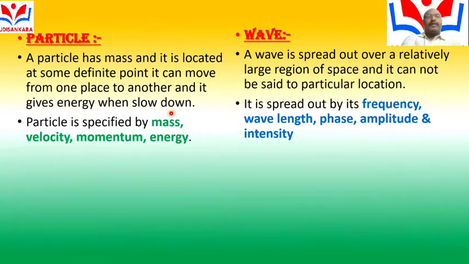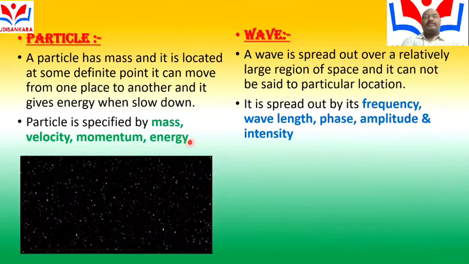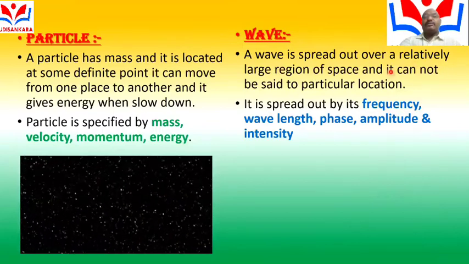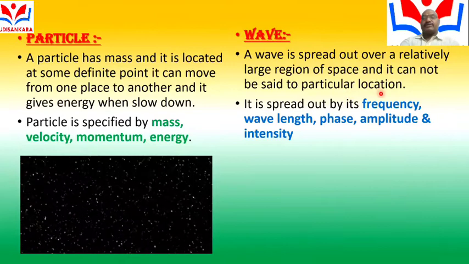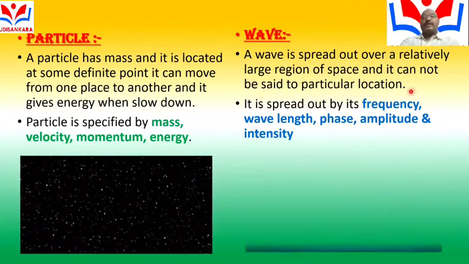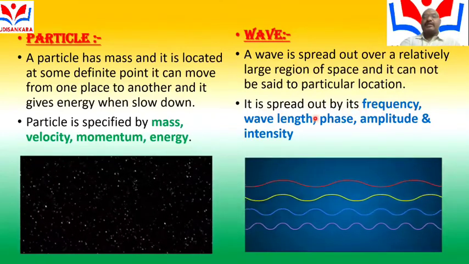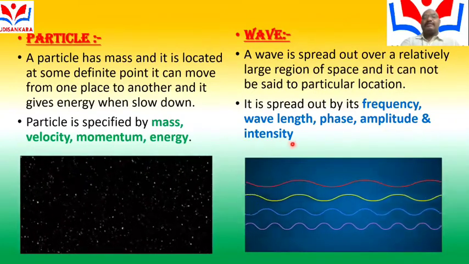A particle is specified by mass, velocity, momentum, and energy. But a wave is spread out over a relatively large region of space, and it cannot be said to have a particular location. It is specified by frequency, wavelength, phase, amplitude, and intensity.